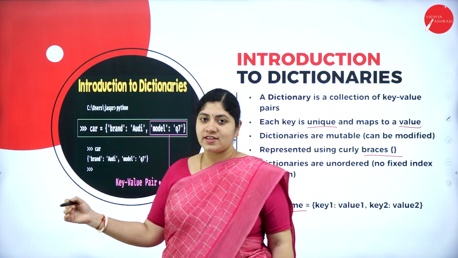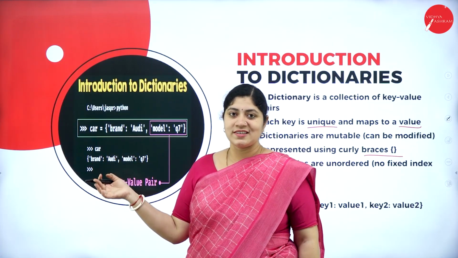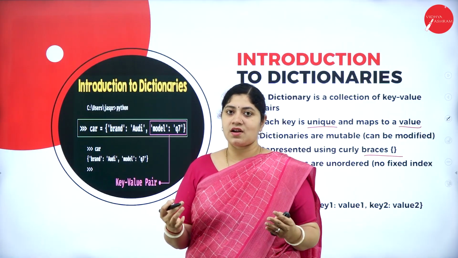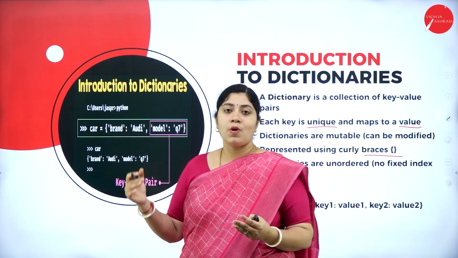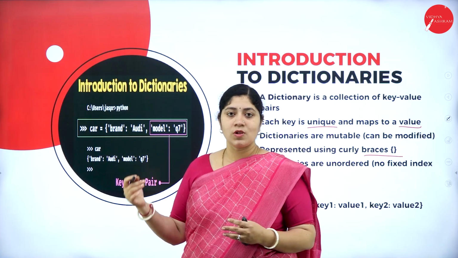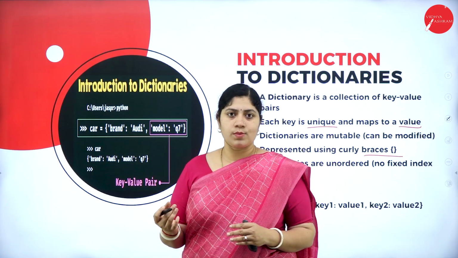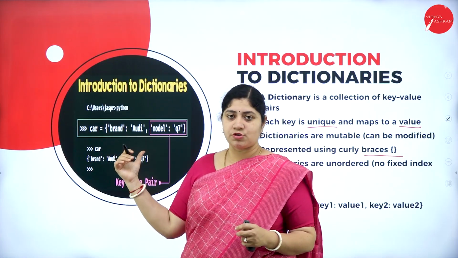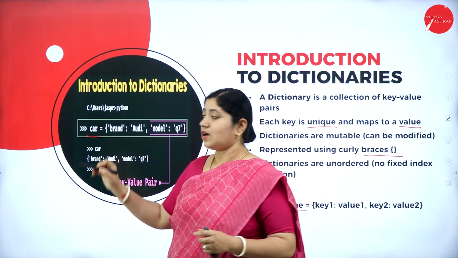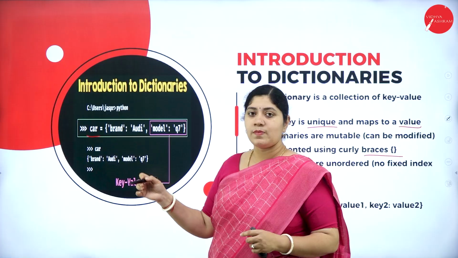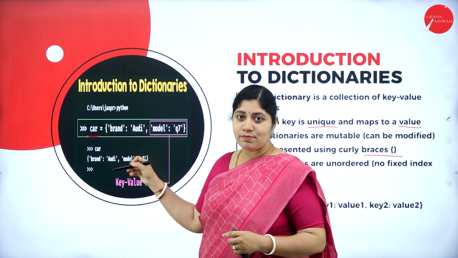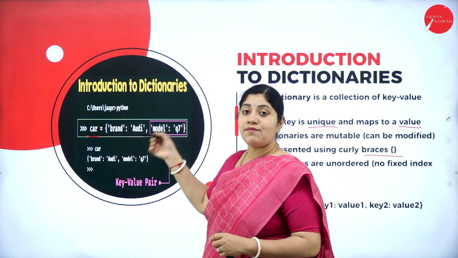Now, let's see an example with respect to cars. If we consider a car, then we can define that a car has a class, and the model, color and all these things can be defined as objects, isn't it? Now, let's see a simple example with respect to a dictionary. We are considering a car. Please note we are defining a dictionary. We are using the curly braces and we are defining the brand.